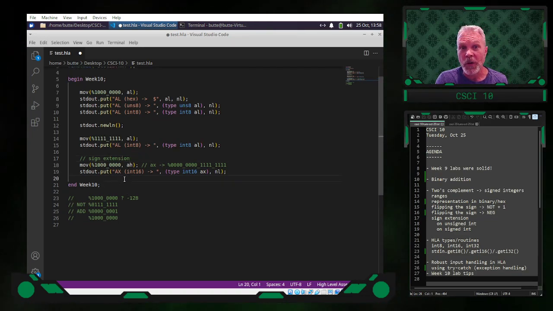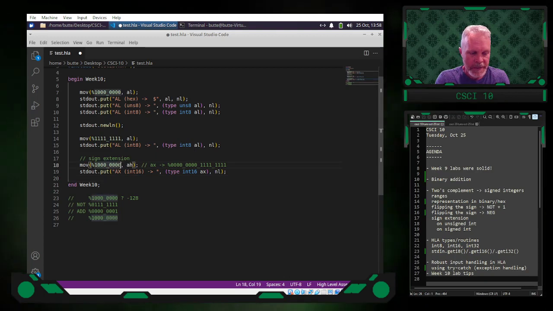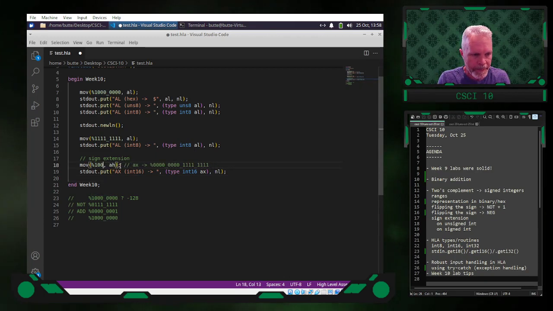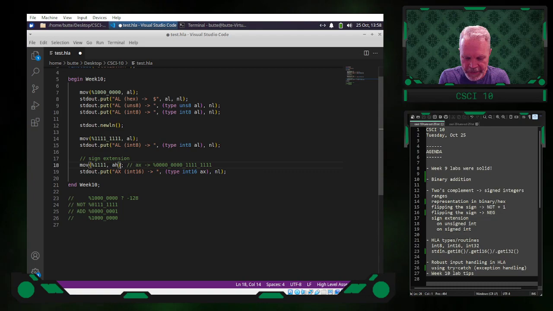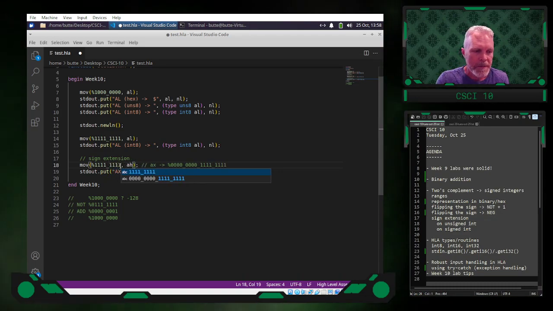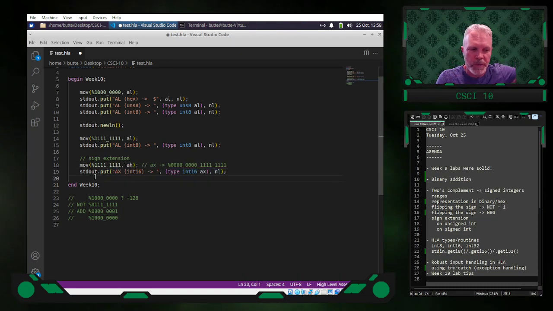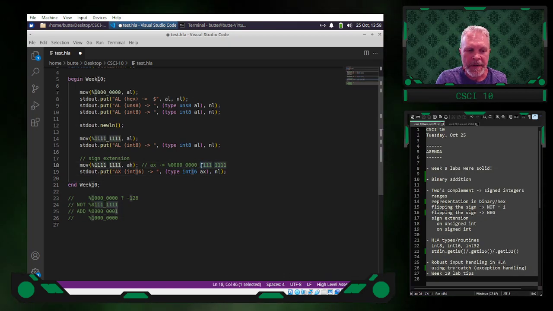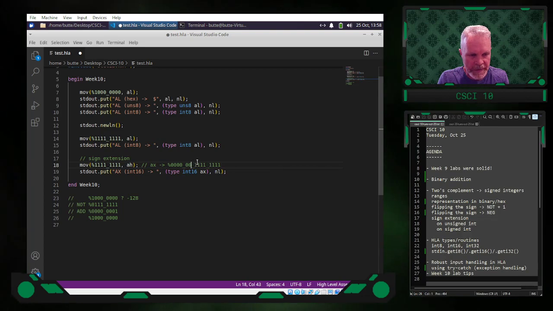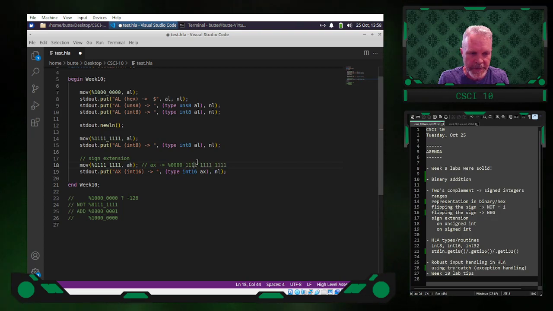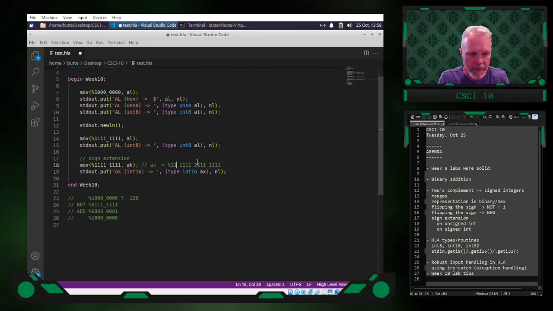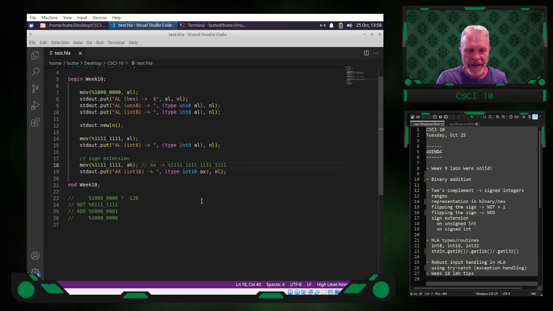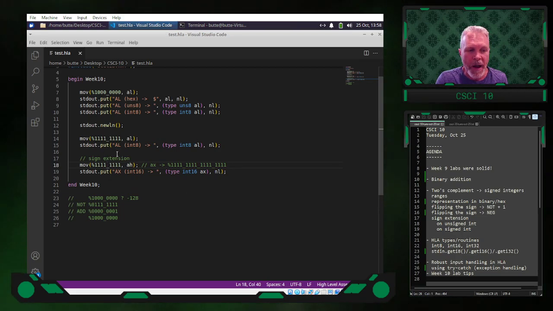So here's the whole trick to sign extension. You have to actually carry the sign bit all the way through. So if this high order bit is a 1, then they all have to be 1s. You just carry the sign bit all the way up like that. That's proper sign extension.